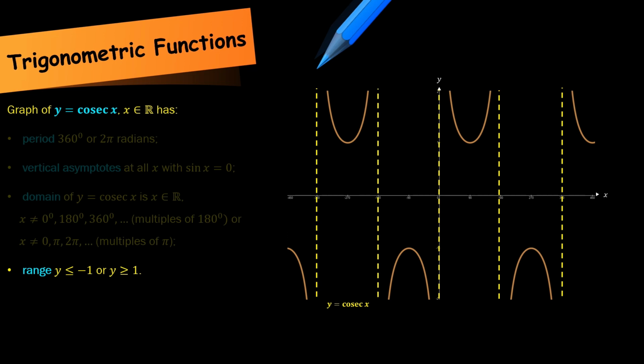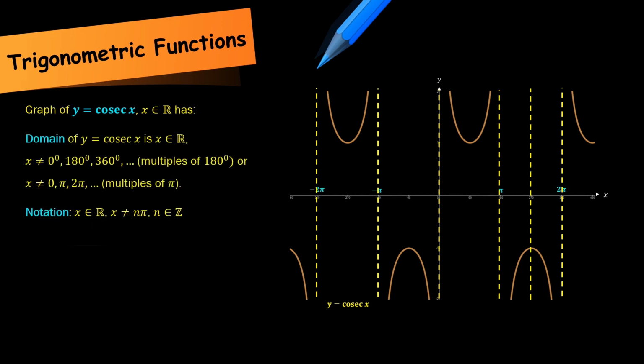And its range is y less than or equal to minus 1 or y greater than or equal to 1. The domain of y equals cosec x can also be written as x in the real numbers with x not equal to n pi, where n is a member of the integers.